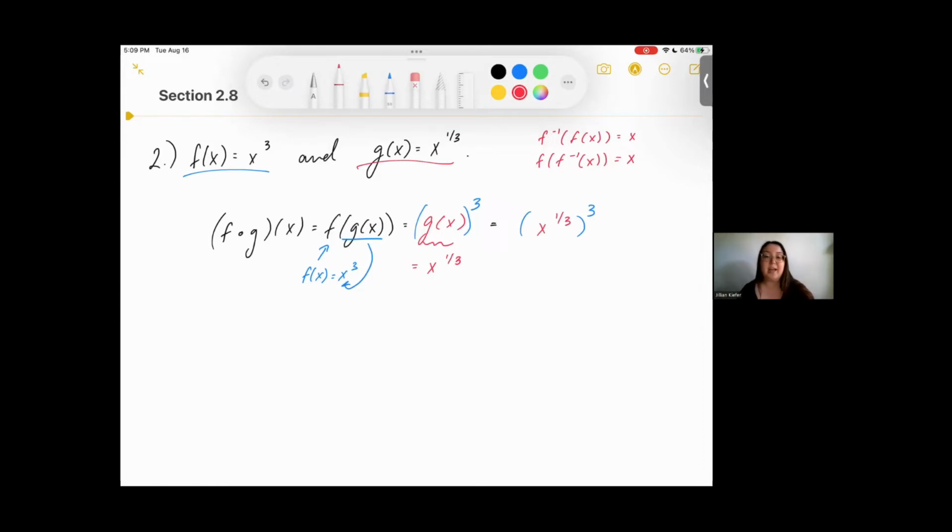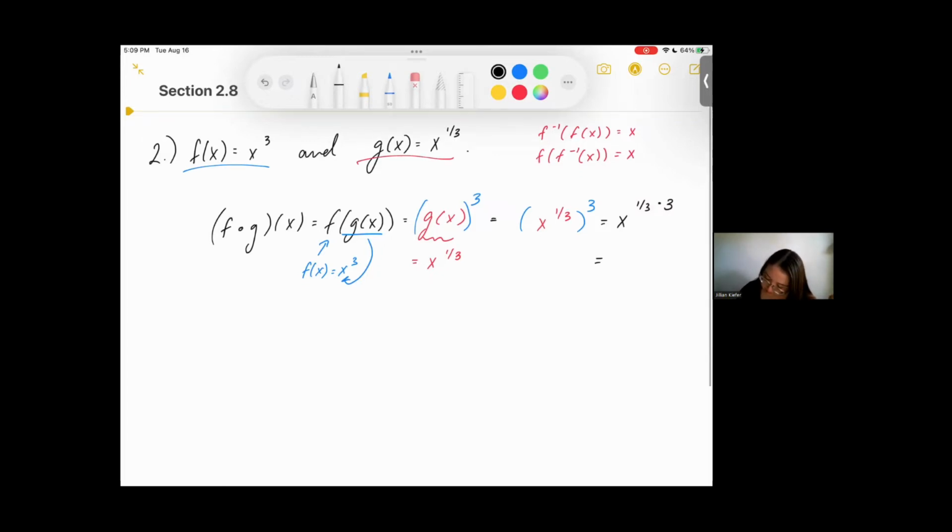Now, if you remember exponent rules from some time way back when, we know that if we have a variable with a power and we raise that to another power, we get to multiply those exponents. So this is equal to x to the power of 1/3 times 3. 1/3 times 3 is 1, and x to the power of 1 is just x.